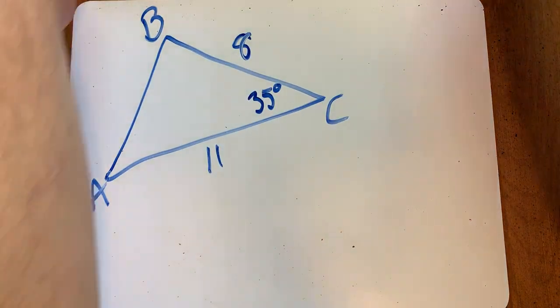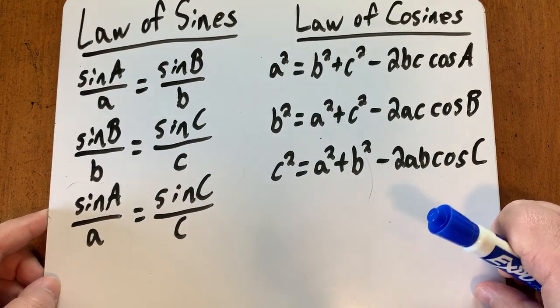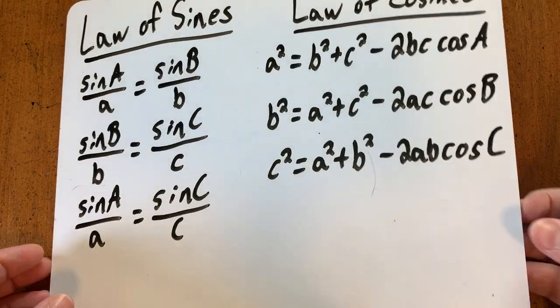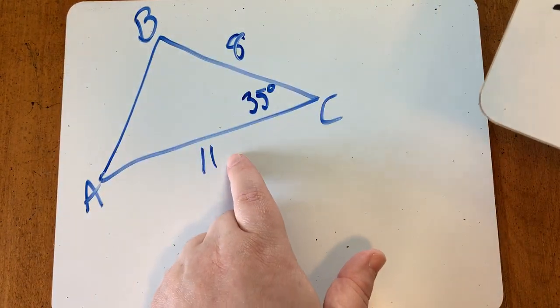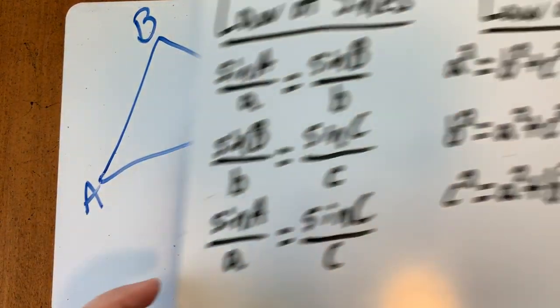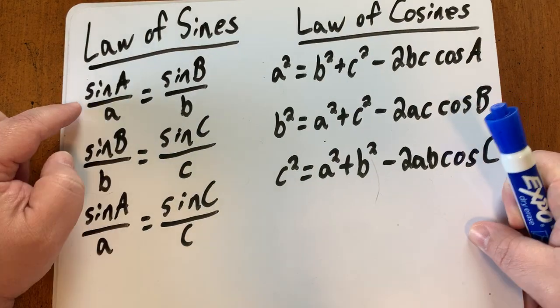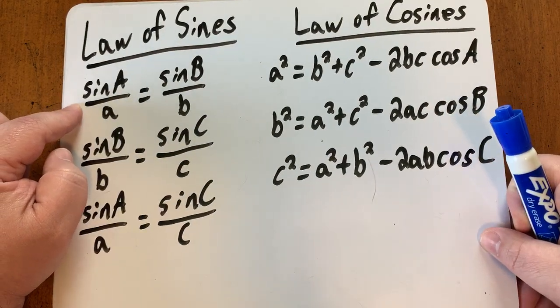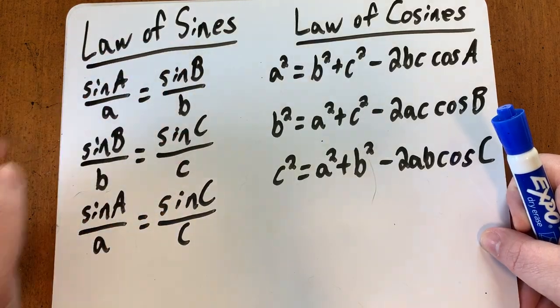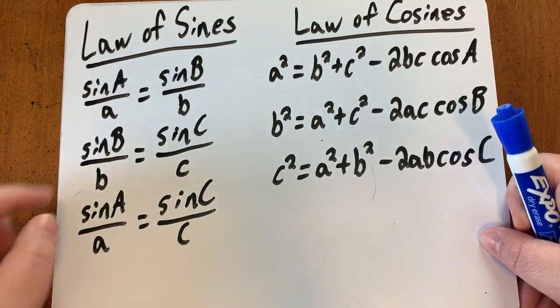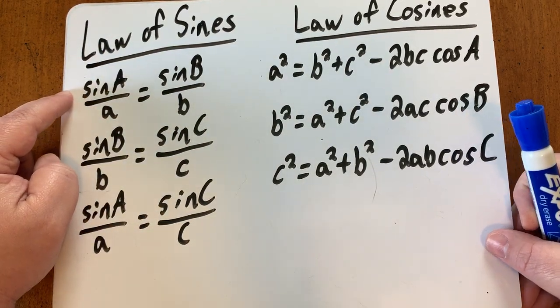Well, if we look at our laws, in this case, we would know sides B and A. So we would know sides B and A, so that will put us with this one. But we don't know angle A and we don't know angle B. So we wouldn't be able to solve this law of sines.